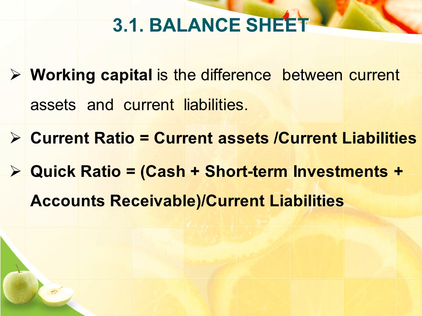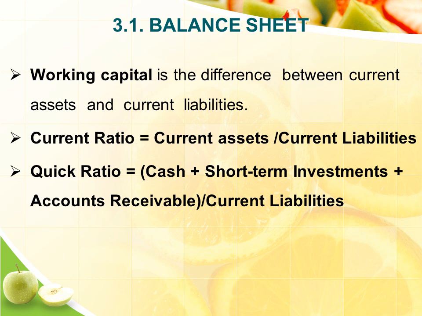From the balance sheet, we can calculate some ratios that show the financial ability of a company. There are working capital, current ratio, and quick ratio. Working capital is the difference between current assets and current liabilities.